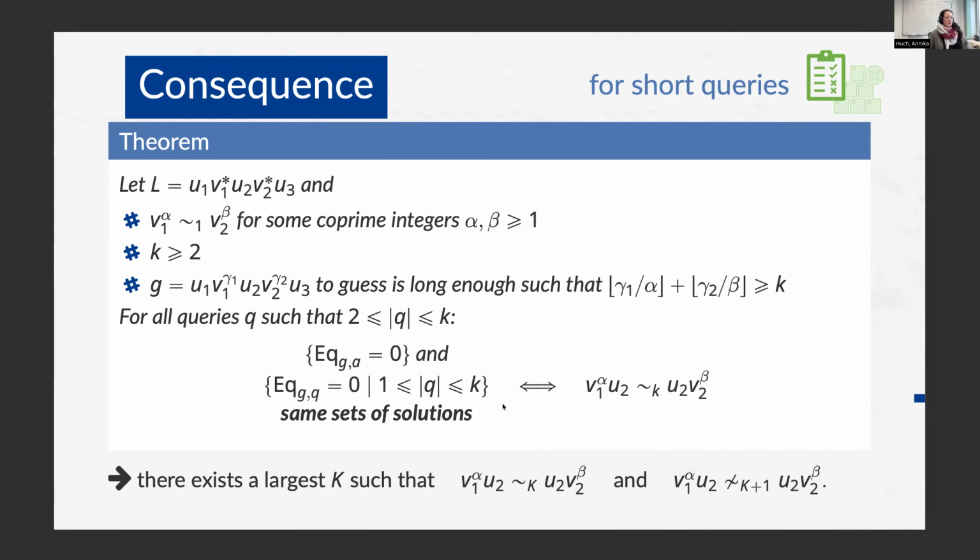Okay, so what did we learn from that? We know that we can choose some largest k such that this binomial equivalence is violated.